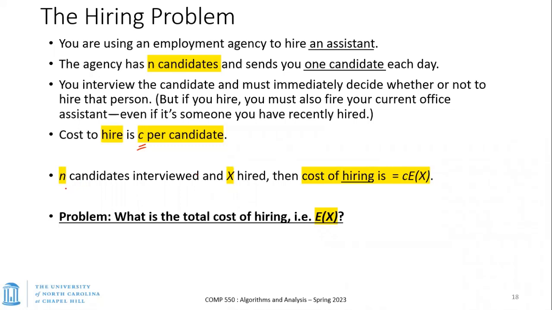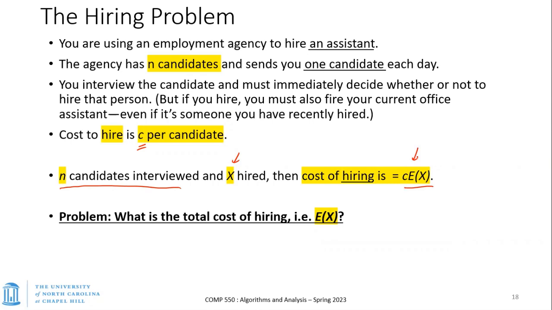And so you're going to be interviewing all N candidates, and of those, X are going to be hired. Let's assume that X is some random variable. Then the cost of hiring is simply going to be C times E[X]. Where did that come from? Because X is a random variable, and this is an example of what expectation means.